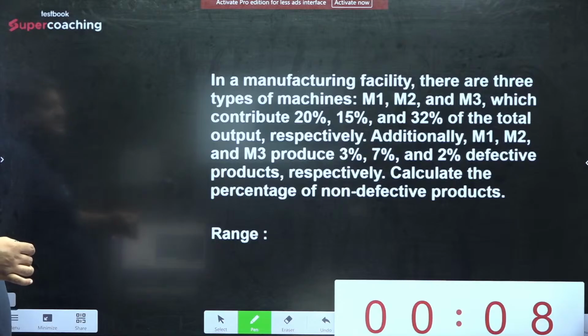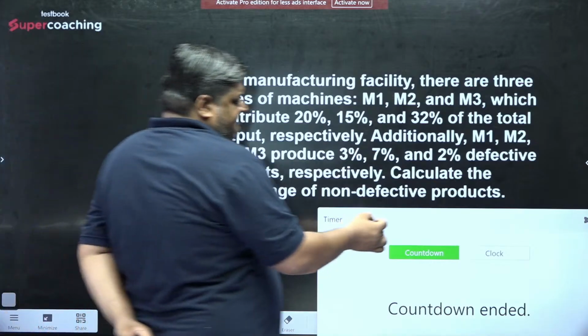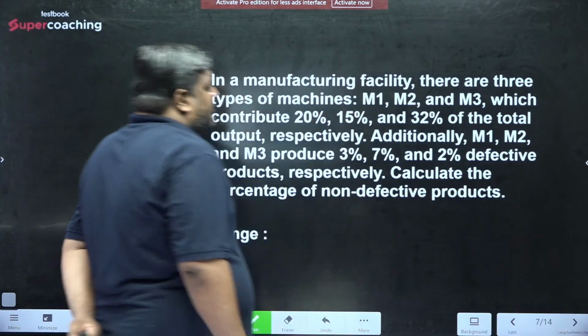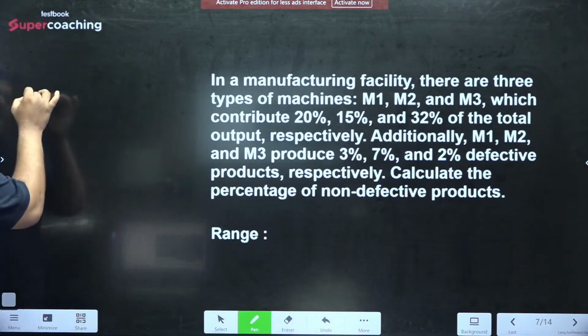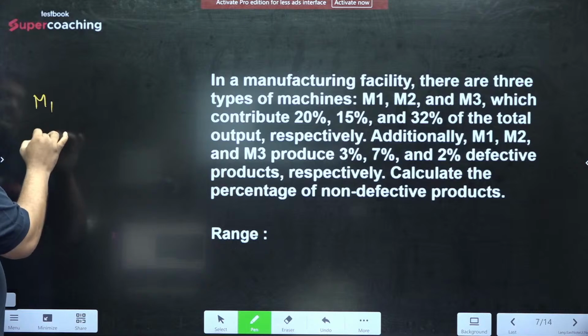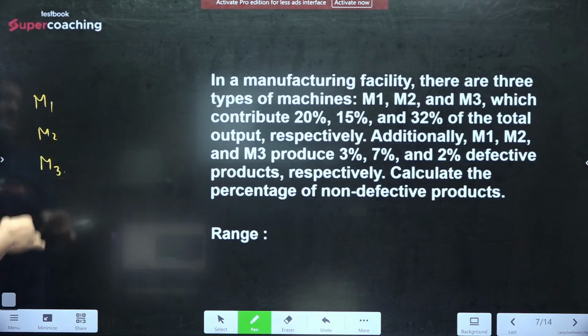In a manufacturing facility, there are 3 types of machines, M1, M2, M3, which contribute 20%, 15% and 32% of the total output, okay, very good. अच्छा देखो, there are 3 different machines, M1 है, M2 है, M3 है, okay.